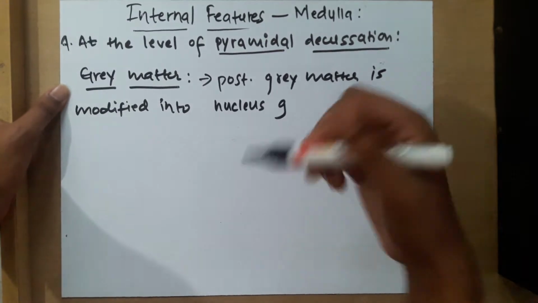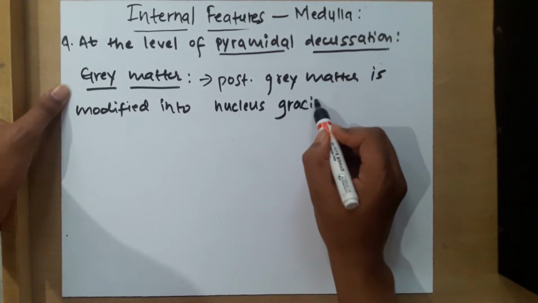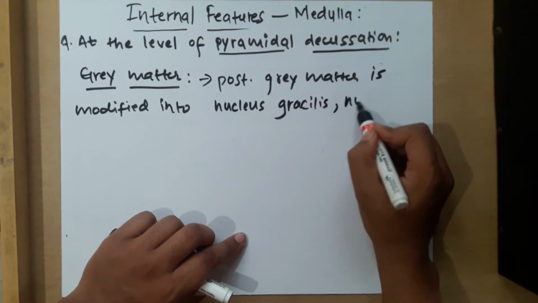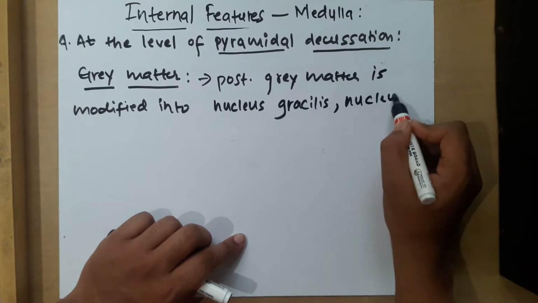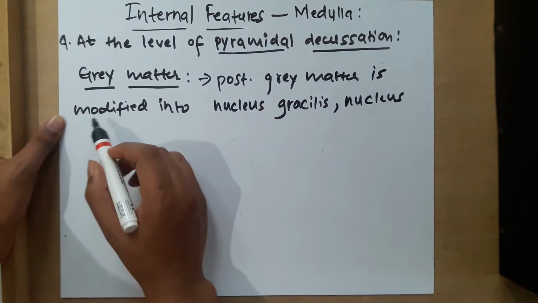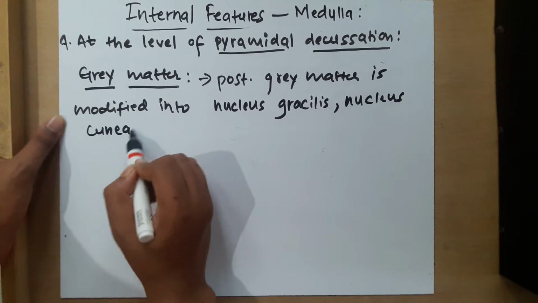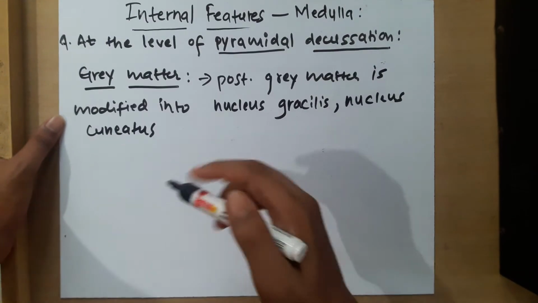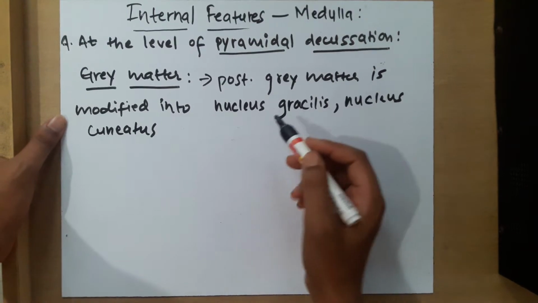We'll locate these parts, nucleus gracilis and nucleus cuneatus, while drawing the diagram, and you'll be able to visualize it, and this will make it clear. The posterior gray matter is modified into nucleus gracilis and nucleus cuneatus.